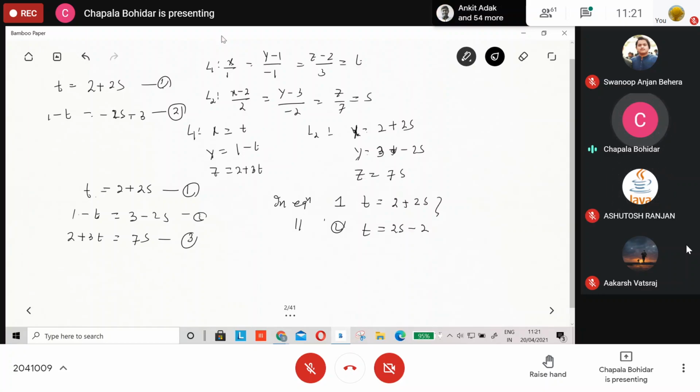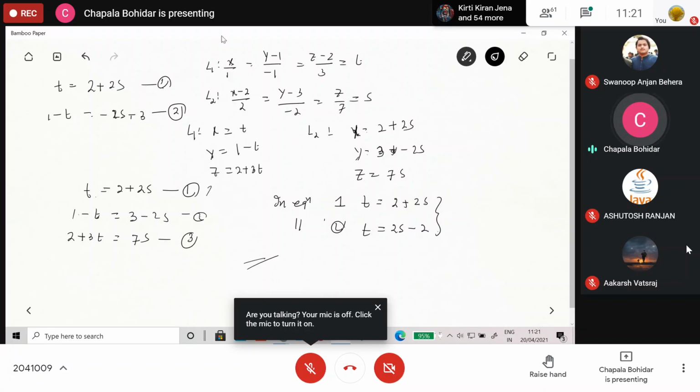So is it possible? No, ma'am. So what do you say? They do not intersect. From here we find out they do not intersect. If they do not intersect, then it is not a skew line. Clear to all of you? Or any doubt here?